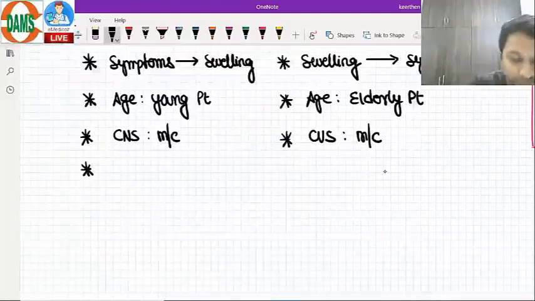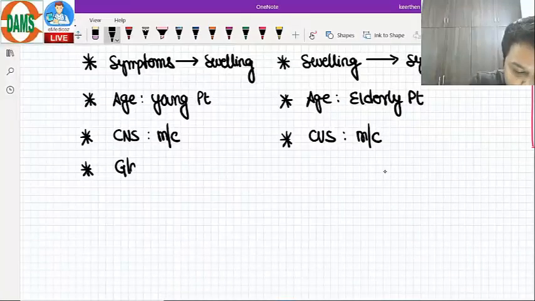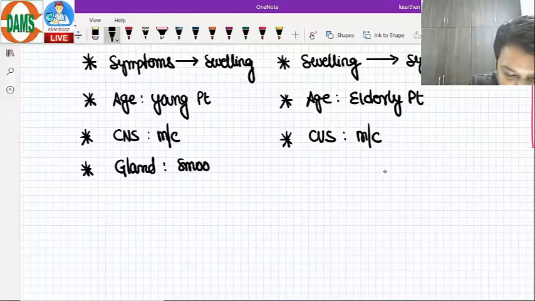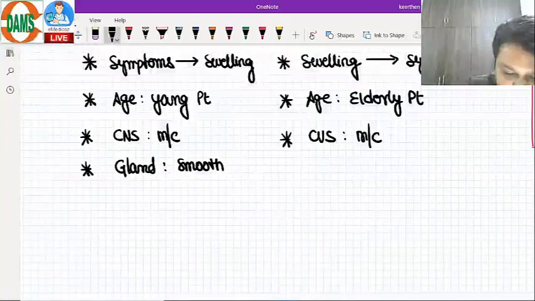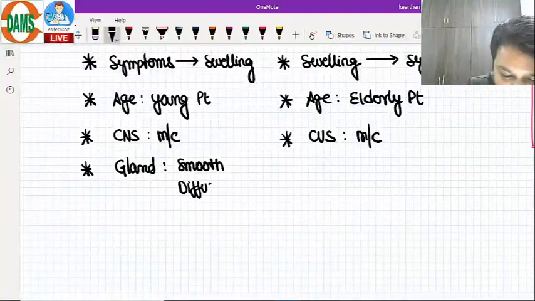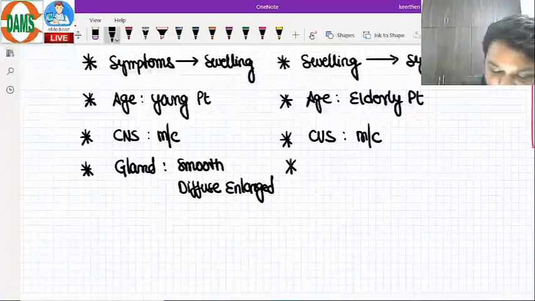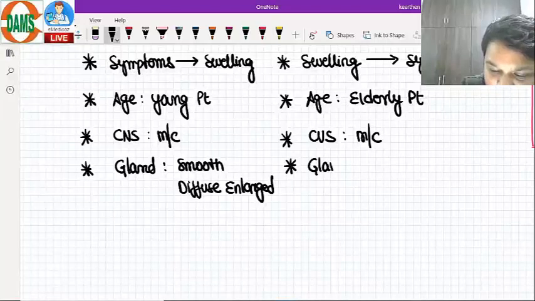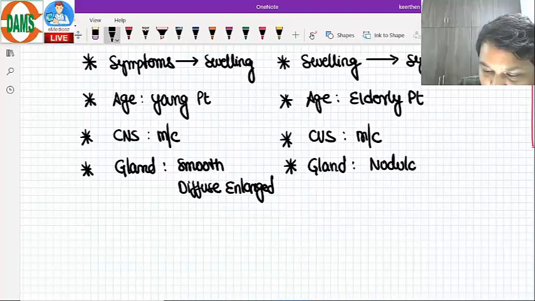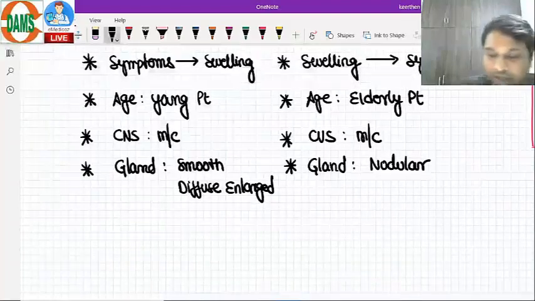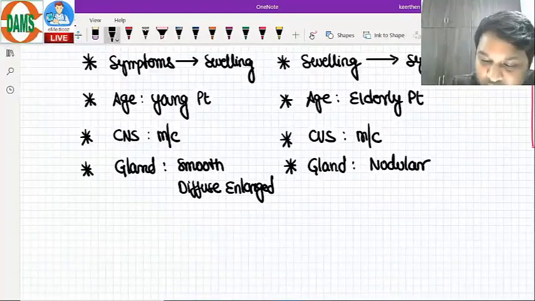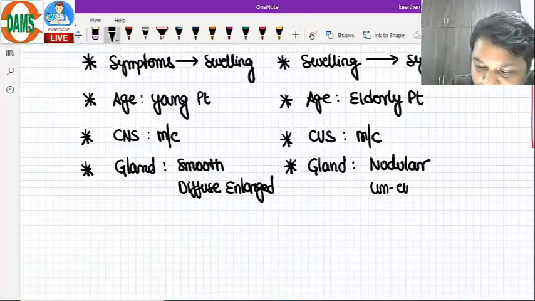With respect to texture, the gland in primary thyrotoxicosis is usually smooth and diffusely enlarged, whereas the gland in secondary thyrotoxicosis is nodular and unevenly enlarged.